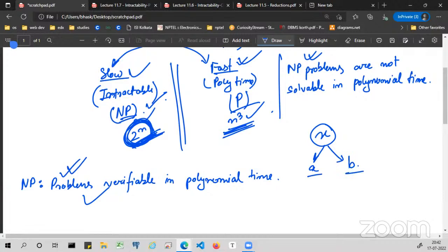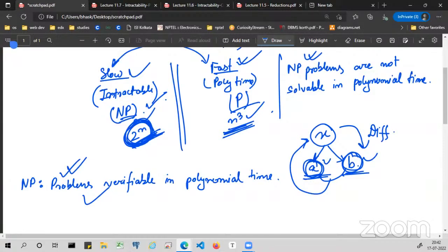Now this is a very difficult task to do, but if I tell you that a and b are my answers to the question, then getting from x to these two is difficult, but moving from a, b to x is very easy. You simply multiply and check whether the answer is x or not, and second, check whether a and b are prime or not. That takes polynomial time.